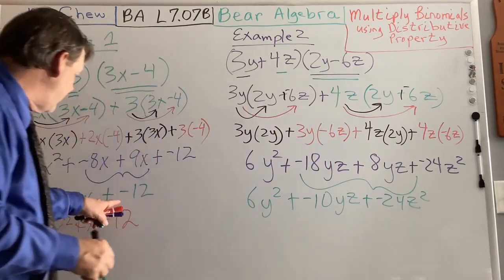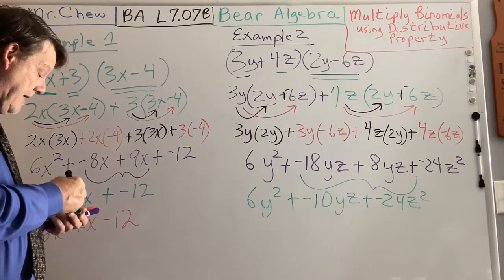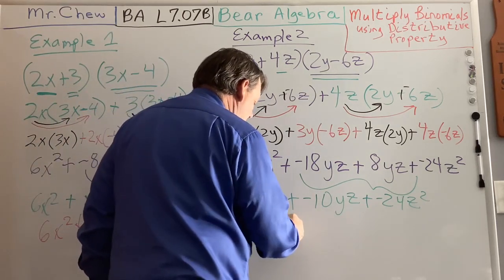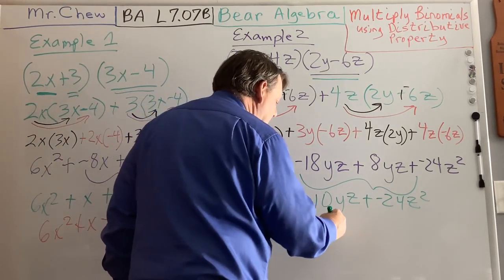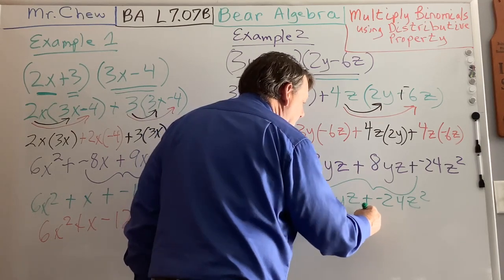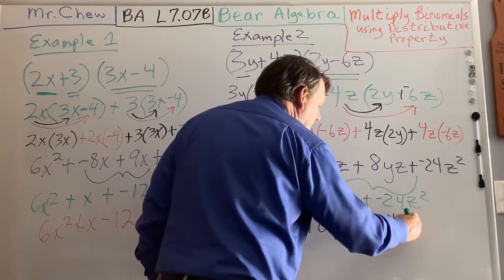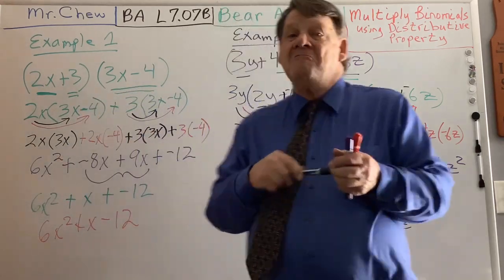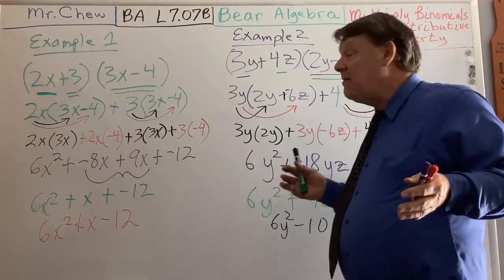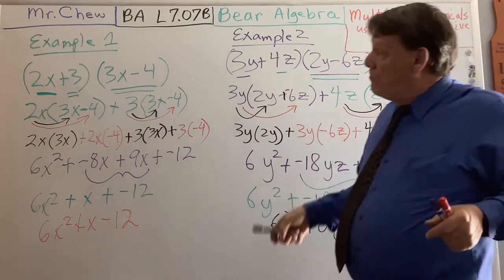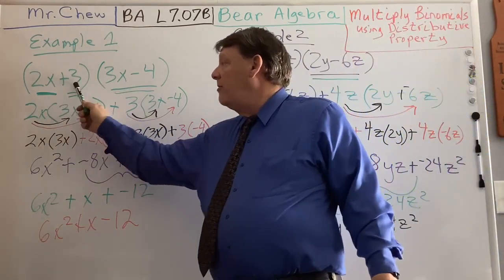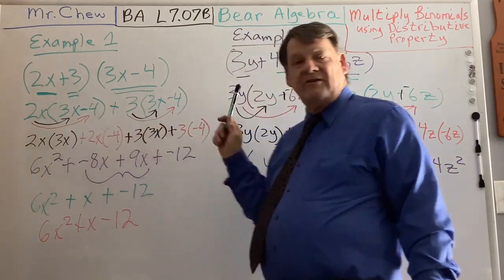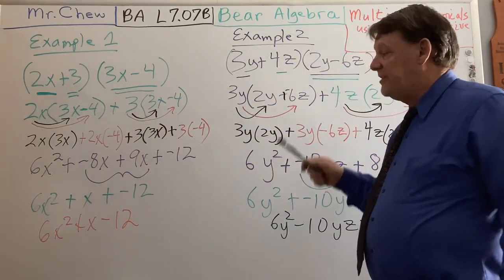And just like I said here, most books will write this as 6y squared minus 10yz minus 24z squared. All right, so distributive property is not that bad. You just have to break the binomial down into 2 terms multiplied by that second binomial, and then combine like terms.